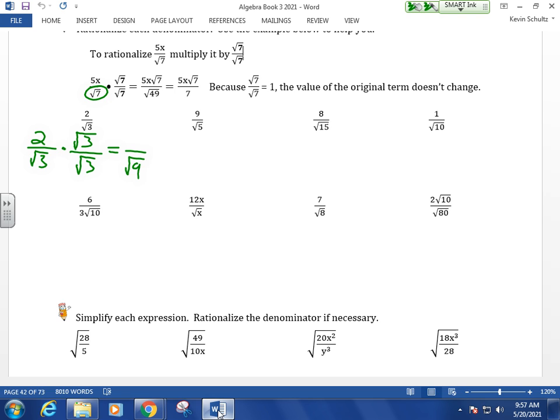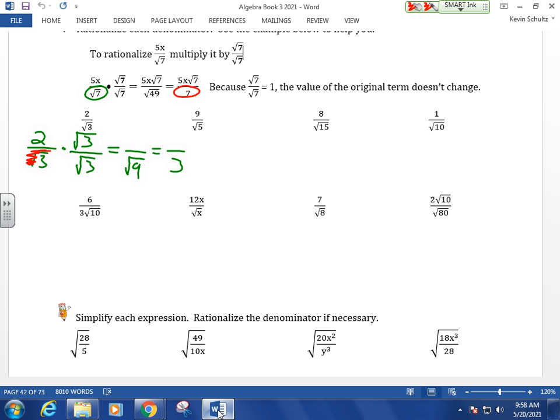A perfect square in the denominator, such as root 9, is good for us because it just equals 3. When you multiply a root by itself, that root just goes away. In our example from yesterday, multiplying by root 7 over root 7 left us with just 7. It just cancels out the root.